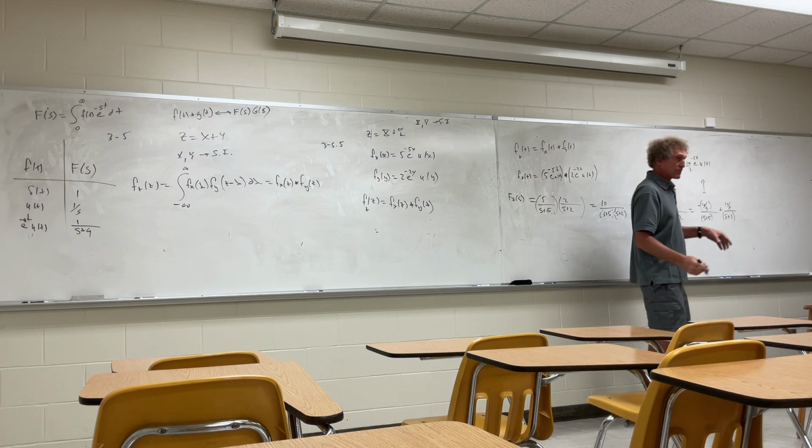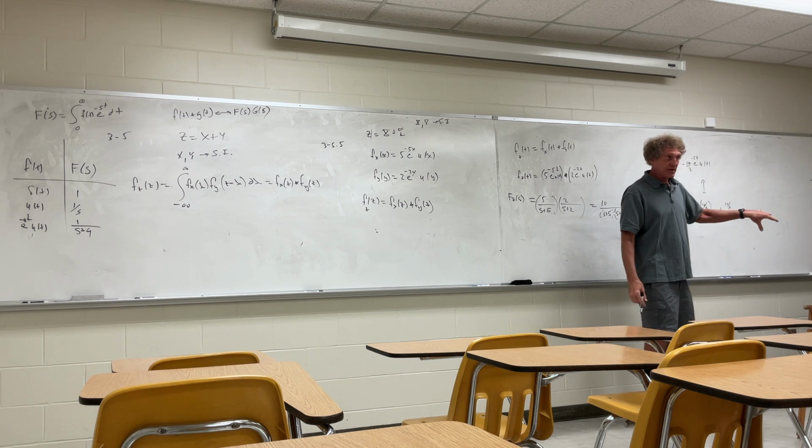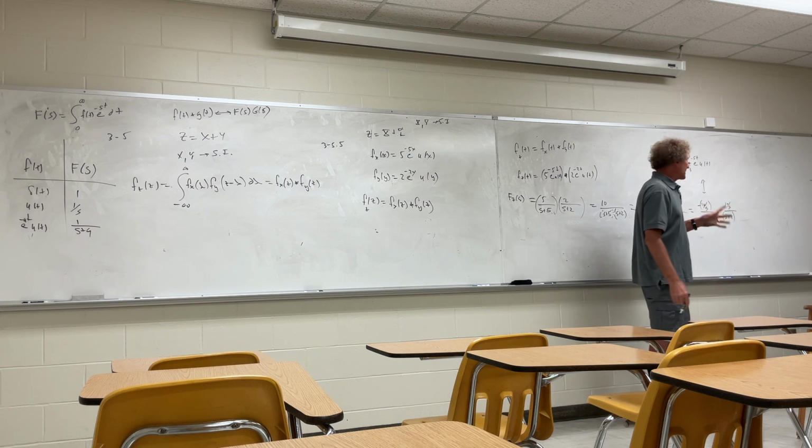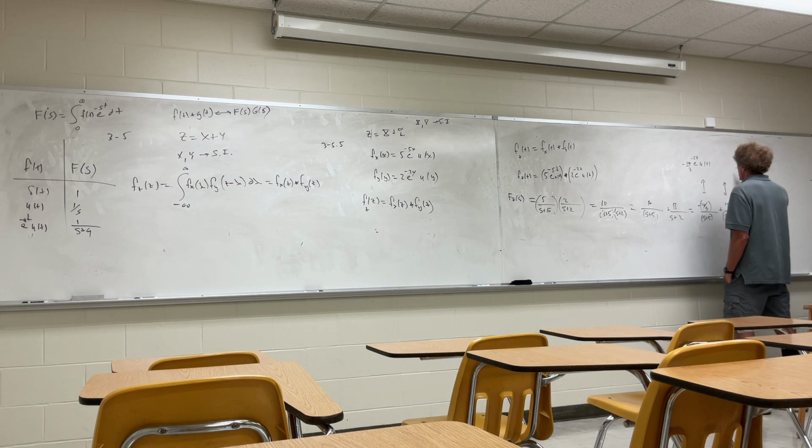That's for just this first one. This is real handy. He doesn't mention it in the book right here. He does later, but this is where it's handy. And this one becomes simply plus 10/3, and it would be e to the -2t u of t.